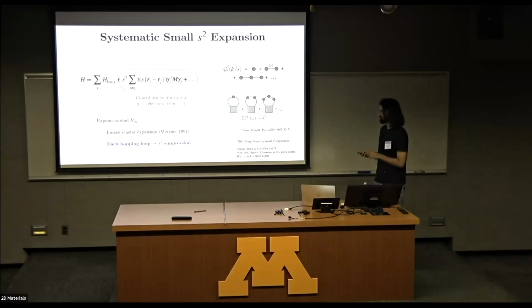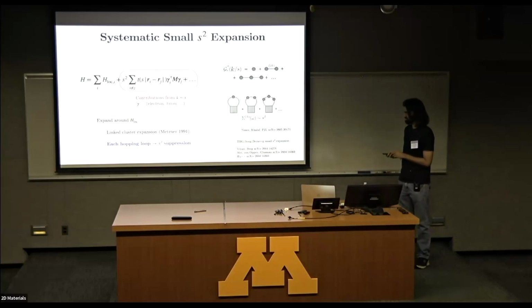It turns out that you can do an expansion around H local in general for any hopping. This was done in the so-called linked cluster expansion in the 1990s by Metzner. But this is a pretty tricky and sick expansion if you just do it perturbatively. If you augment it with small s, then you have to do some resummations associated with hopping from site to site to site, because there's a coordination volume and overall coefficient canceling out.